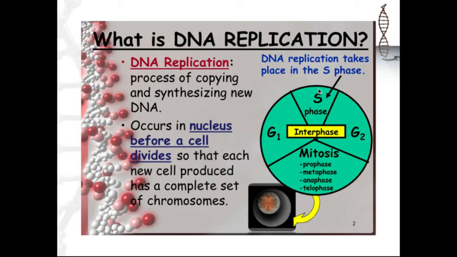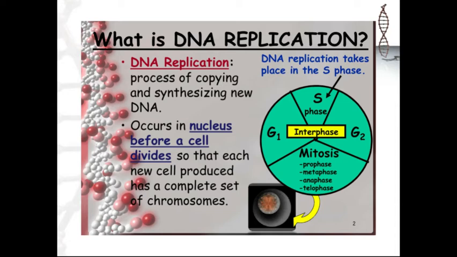We have 46 chromosomes in our body cells. Our body cells are known as somatic cells. This is different than our gametes. Our gametes are sperm and egg. We'll find out in a process called meiosis that it's slightly different, and that meiosis produces cells that are different than their parents and have half the number of chromosomes.